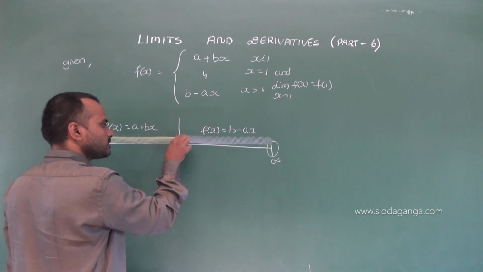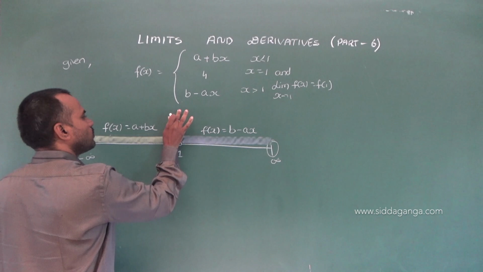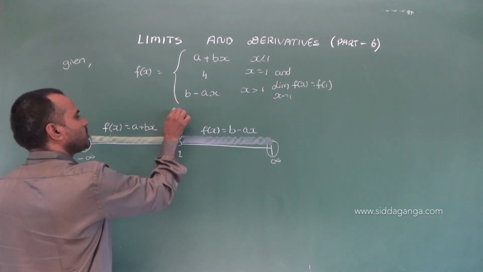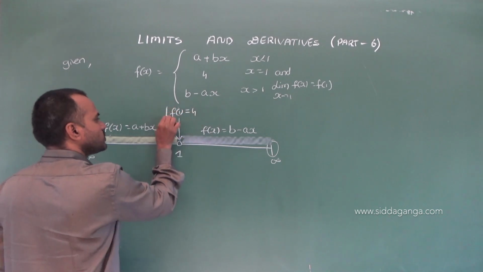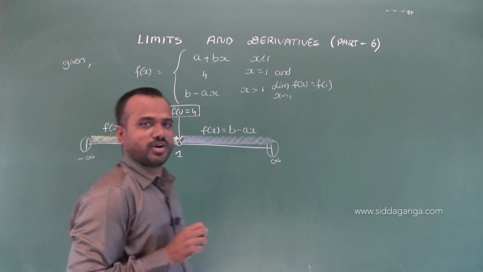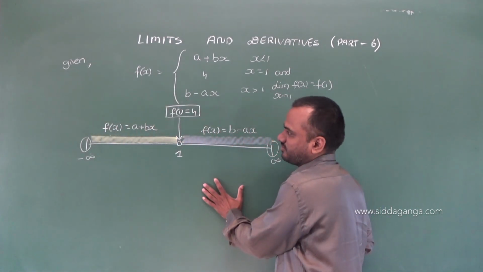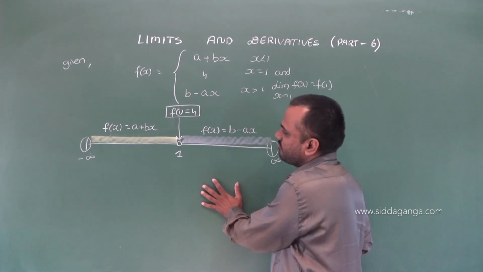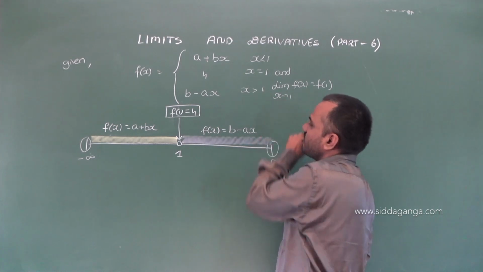At x equal to 1, the function is 4. This is the particular value: f of 1 is equal to 4. This is very important. That is about the given function. Observe here, we are finding the limit as x tends to 1 of f of x.